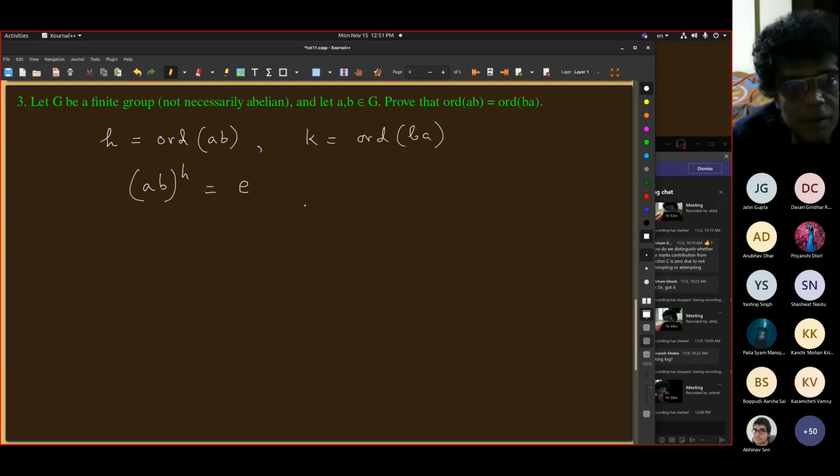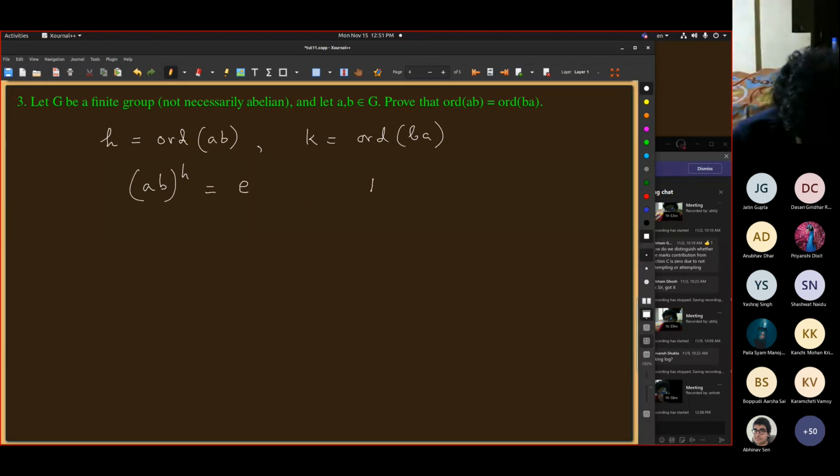Happy or not? Because H is the order, I have to get the identity if I raise this to the power H. Okay. Now what I do, I pre-multiply this quantity by B and post-multiply this by A. I have to do a similar thing here, B E A. What is the left side?